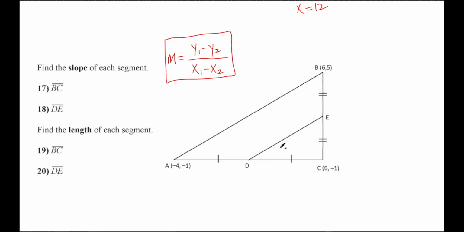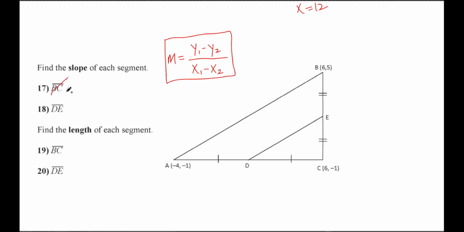Hold up. On my answer key, I don't have BC written down. I have AB. What did I do? Did I mess that up? You have your test, Jamarian? Does it say BC and DE on there, or does it say AB?